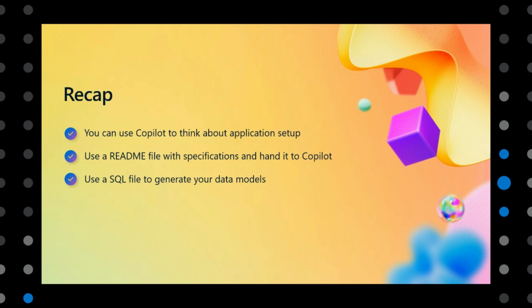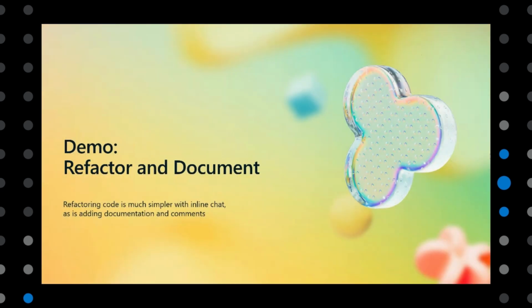And then we also used the SQL file to generate the ORM models. Very, very intuitive. So next, we want to refactor and see how we can create some documentation, because that's one of the jobs that we need to do as developers.